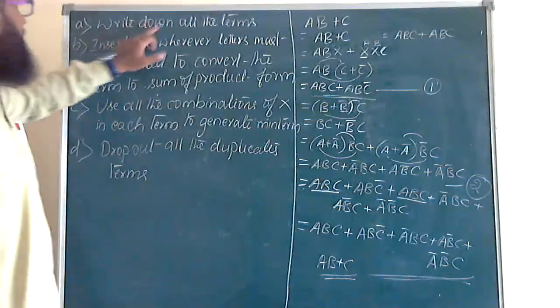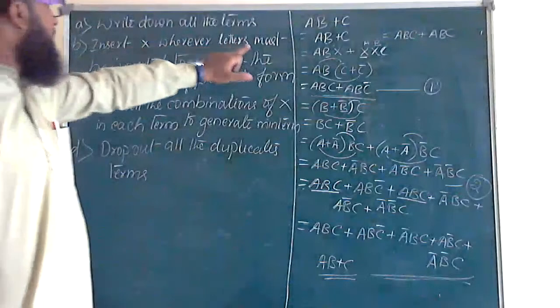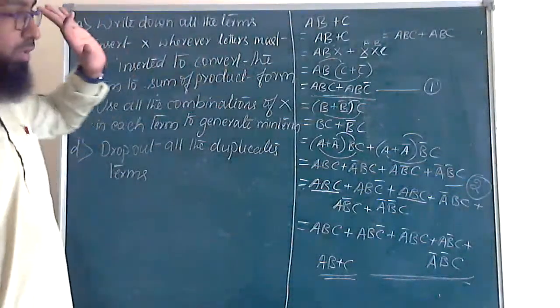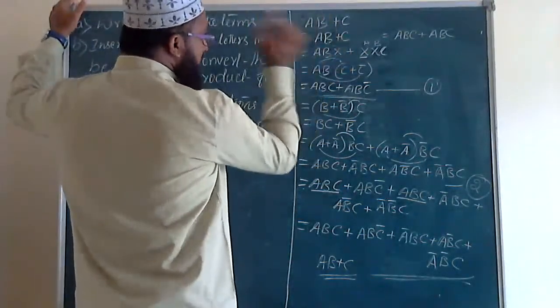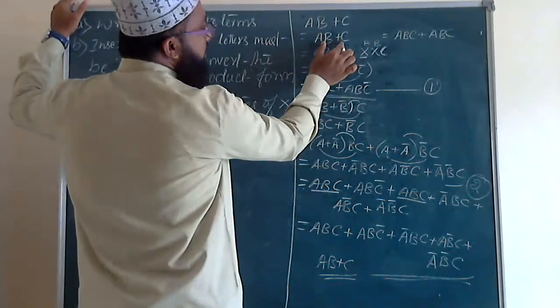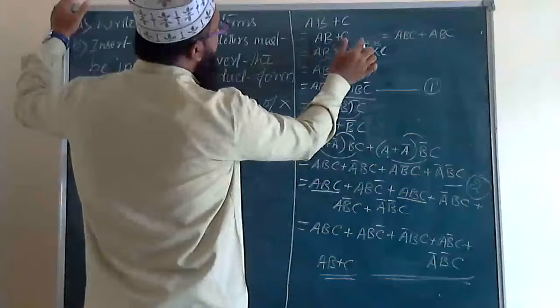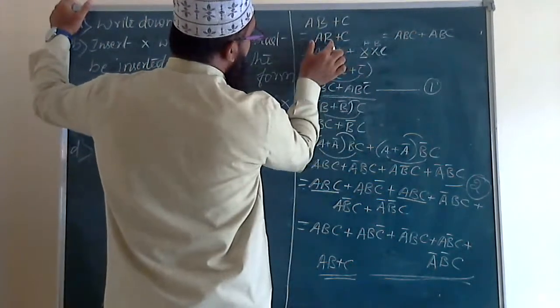How can we do this? Write down all the terms as they are. Insert x wherever letters must be inserted to convert the term to sum of product form. Here three variables are there, so the condition is that if three different variables are present in an expression, every term should contain all three variables. Here there must be ABC.